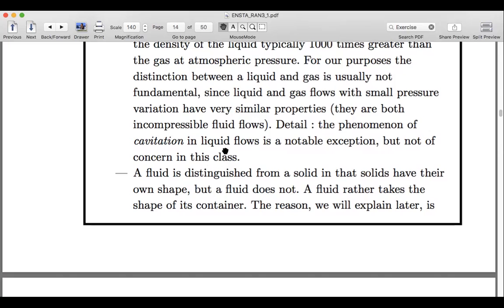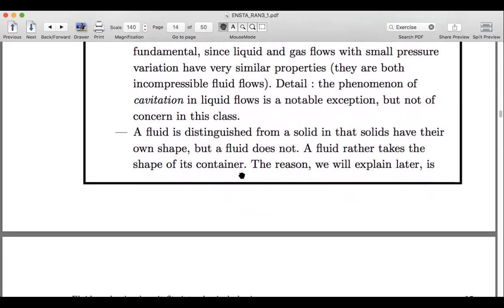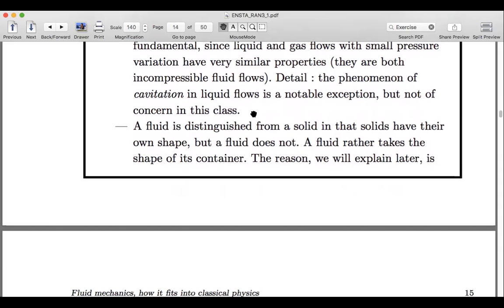Cavitation is when you're trying to run a pump too hard, and the pressure becomes so low that the liquid vaporizes in some region. It could just be for a short time interval. That's the sort of phenomenon we're not going to deal with, but I just want you to be aware that there can be differences between a liquid and a gas in terms of fluid mechanics.